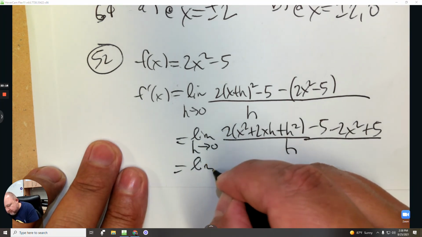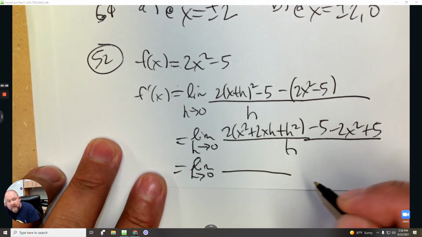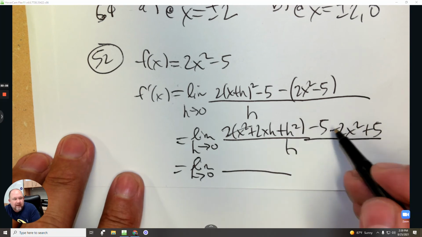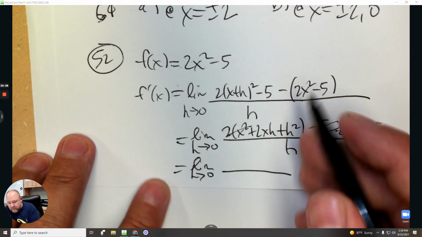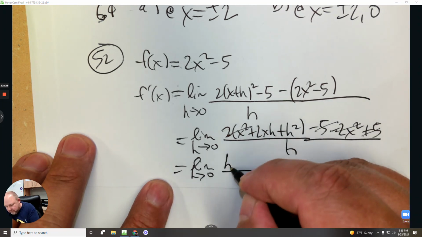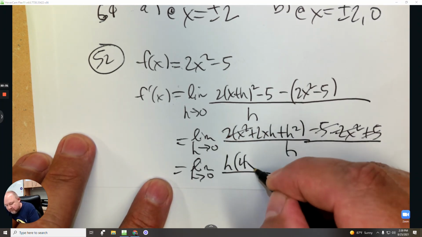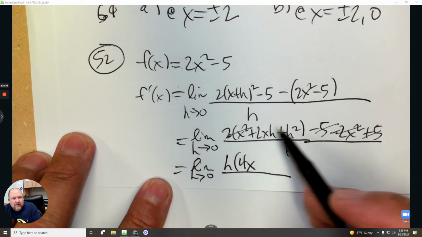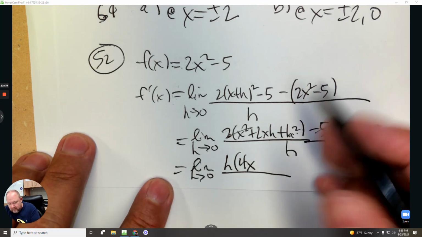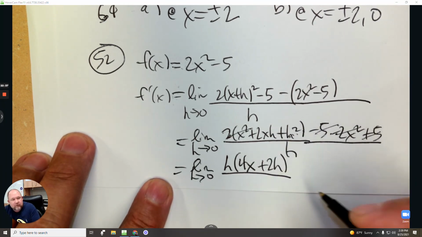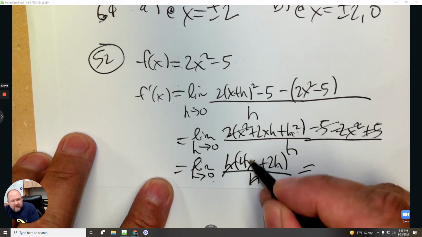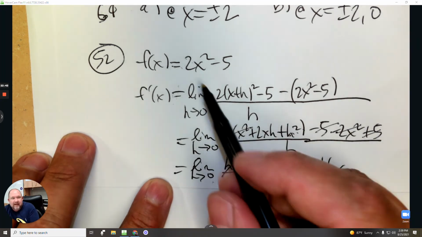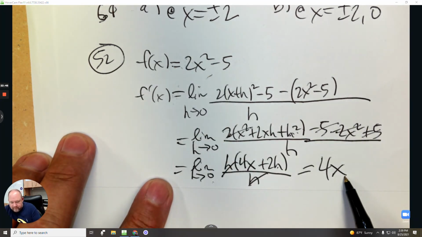Now we're going to simplify it. So 2x squared and negative 2x squared, negative 5 and 5. So 2 times 2 is 4xh. 2 times h squared is 2h squared, but factor out an h and it's just 2h. Now they remove, plug in 0 for h, and you have your derivative, and the power rule gives me the same answer.